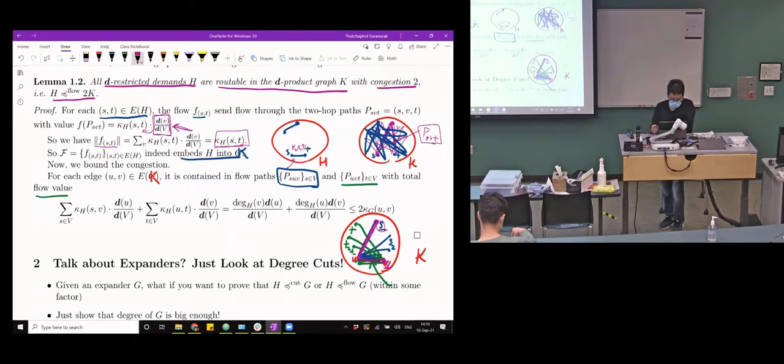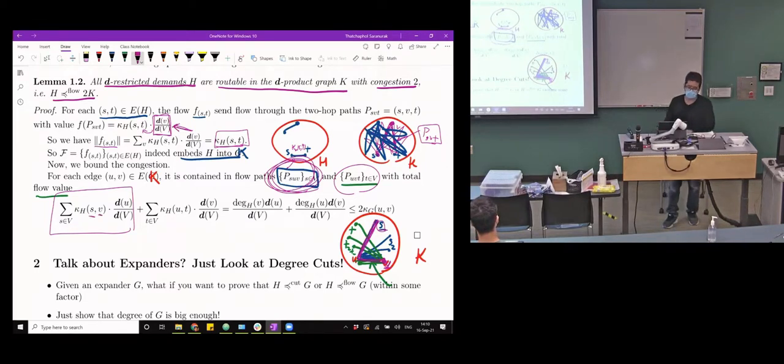All right. So these are just the two sets of paths that we need to count the value for, right? So let's just calculate. So how about this one? It is going to be this sum. So the demand between S and V, there is no S to V, it's between S and V. Well, this demand that goes through U, how large is the flow?